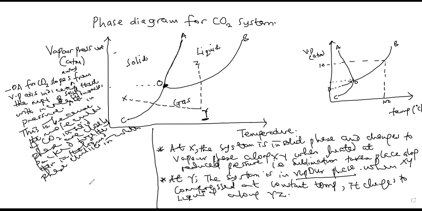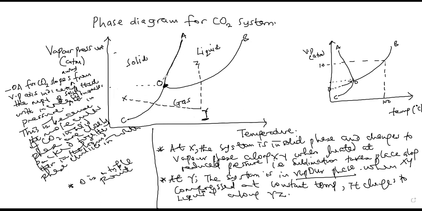Additionally, point O is a triple point for carbon dioxide, meaning that at this point, all the phases coexist in equilibrium. And this point is greater than 1 atmosphere, implying that solid carbon dioxide boils without passing through the liquid state.